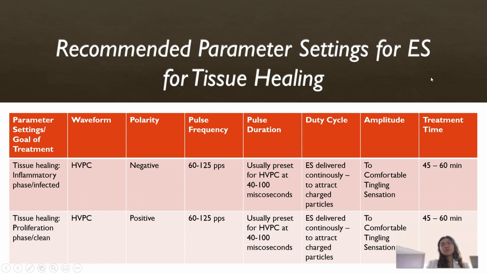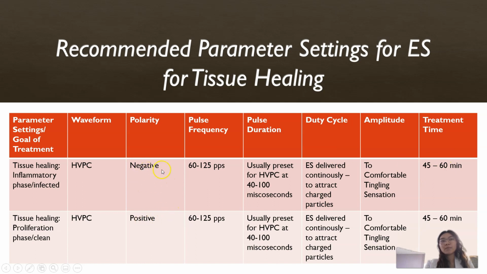This is the specific recommended parameter settings for ES for tissue healing. So, ang waveform na gamit natin dito is your high voltage pulsed current. Okay? And then, ayan. Same lang sila ng lahat ng parameter except for the polarity.